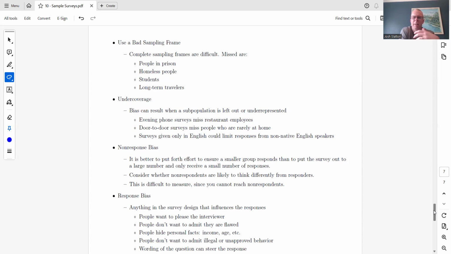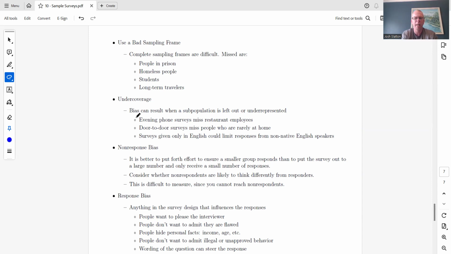Obviously not everyone is going to say baseball, but most people at a baseball game will probably say baseball, because you usually go to watch your favorite sport. You usually don't go to watch just any sport. Or, going to a university and asking, do you think that higher education is important? That's not going to be a good sampling frame.